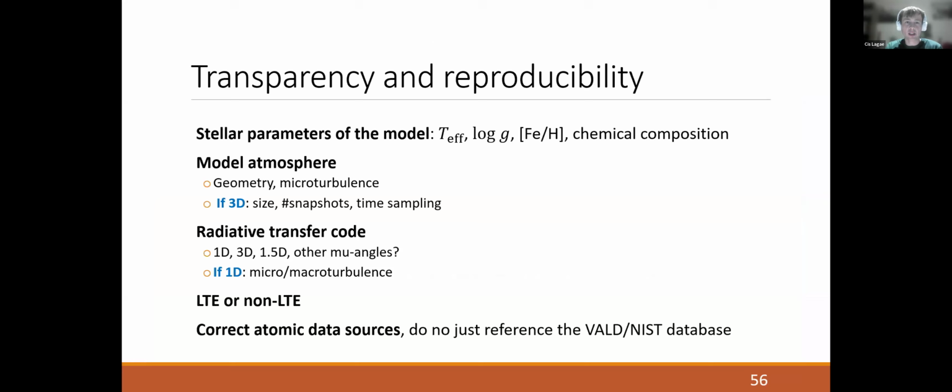Very last slide. I'm a big fan of transparency and reproducibility. So this means whenever you do spectrum synthesis, get all the info out there so people can know what you did and people can try it as well when they're doing their paper or just for the next generation of astronomers.